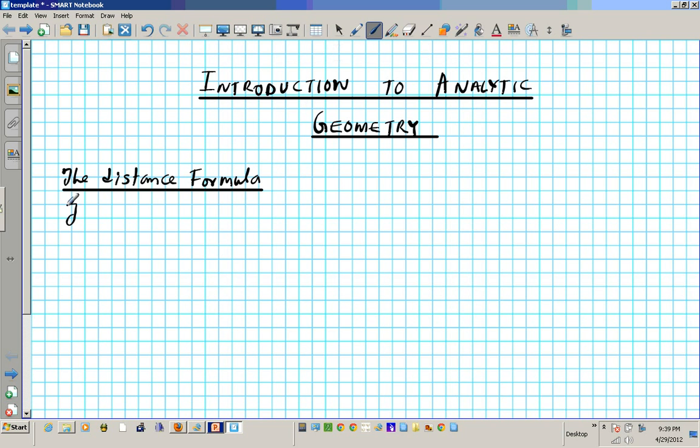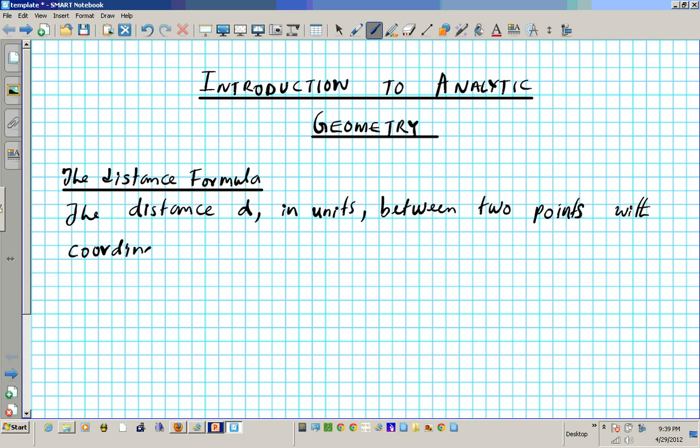The distance d, in units, that's what we're going to be focusing on today, between 2 points, specific with coordinates x1, y1, and x2, y2, is given by d equals the square root of x2 minus x1 squared plus y2 minus y1 squared.